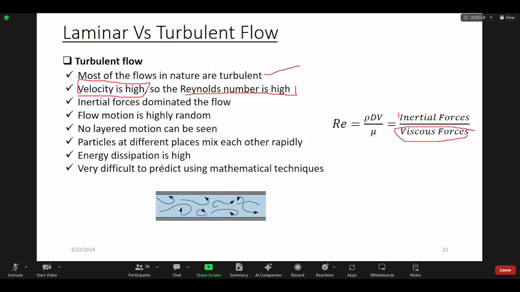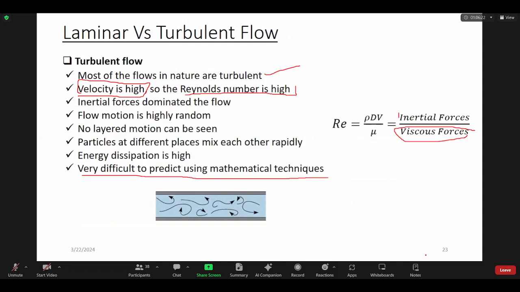This type of turbulent flow, we are unable to analyze using mathematical techniques. It's very difficult to analyze. Turbulent and transient flow are also very difficult to analyze.